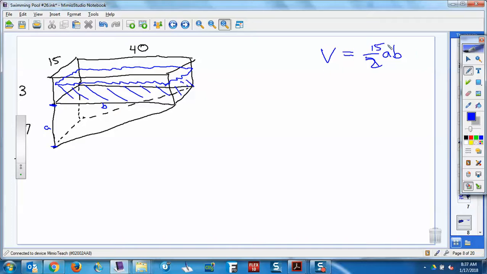So it'd just be 15 halves AB. That would be this volume right here. Okay? Well, if you fill the bottom, the triangular wedge part, then that means the A would be 7, and the B would be 40. Okay? Well, if you multiply that all out, I believe it's 2,100.